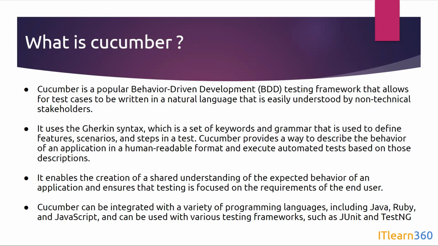Based on this syntax, we write the test cases, generate methods, and write code. In short, Cucumber helps to perform automation testing in a simpler and descriptive manner, so that anyone from the IT field or the non-IT field can understand the complete concept of testing here.